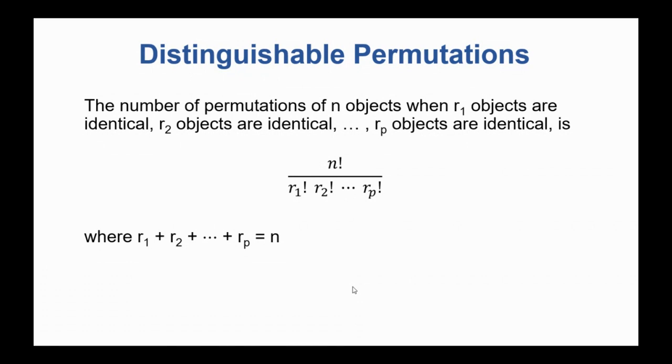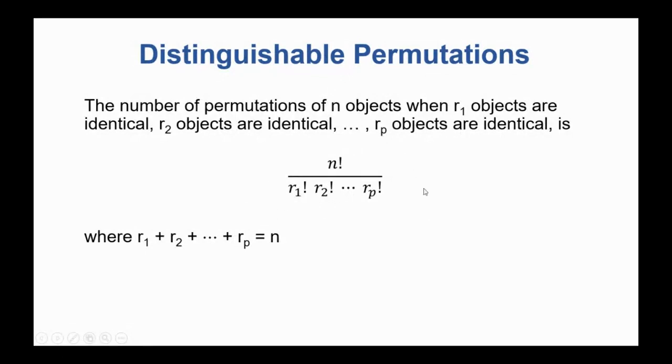So let's look at that. Essentially what we do is we start off with the number of objects we have, so n. Then we have to divide by however many each one repeats. So let's say r1 repeated 3 times, we would have to put a 3 factorial right here. If r2 repeated 6 times, this would be a 6 factorial, and so on.